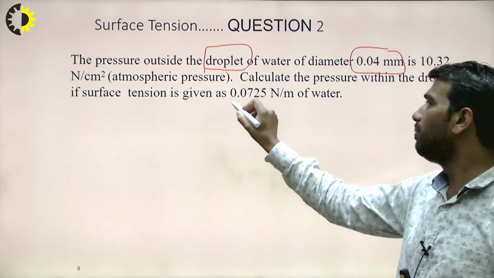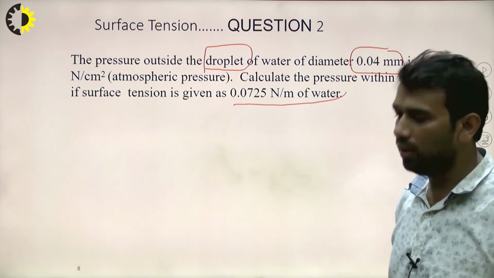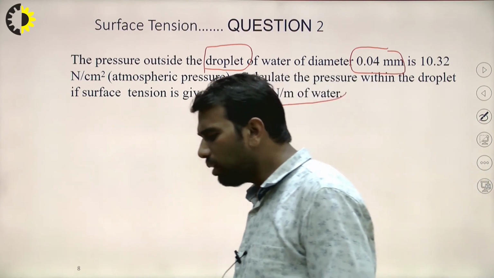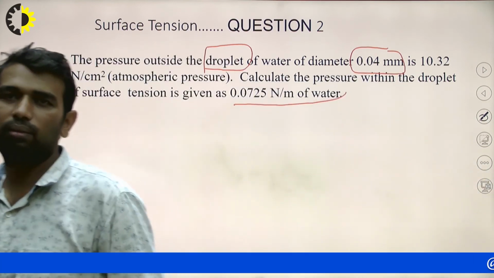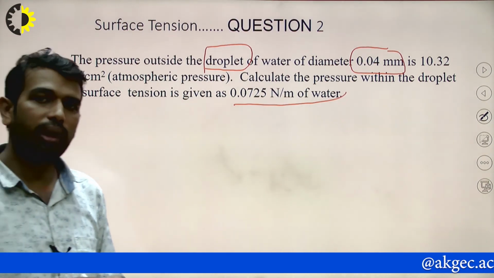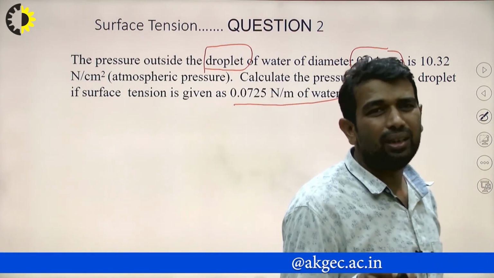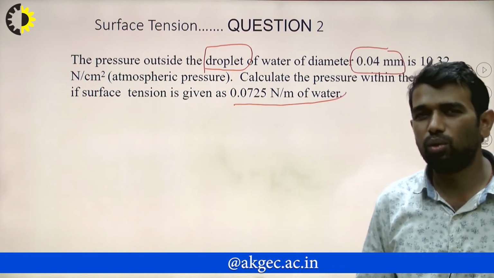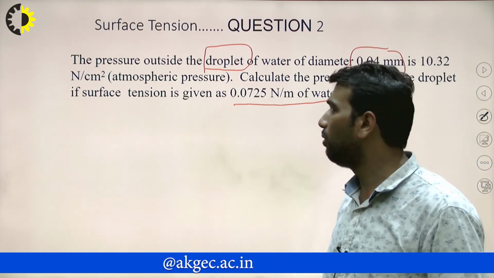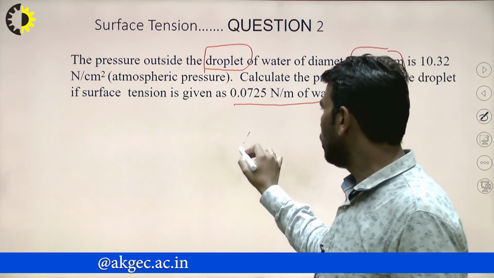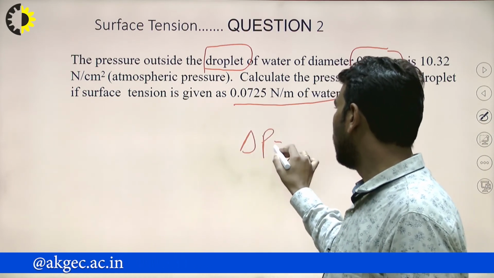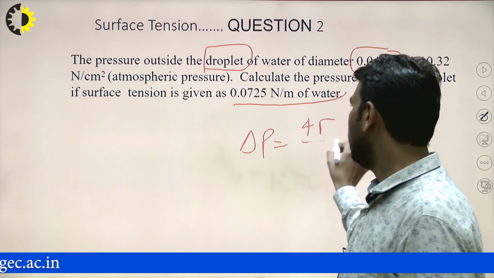So generally we understood there is a different condition for water. At NTP, this surface tension magnitude is 0.0732 Newton per meter, but here the examiner is already quoting the value 0.0725, so you just take that for your consideration. You know that the change in pressure for a droplet is 4 sigma by d.